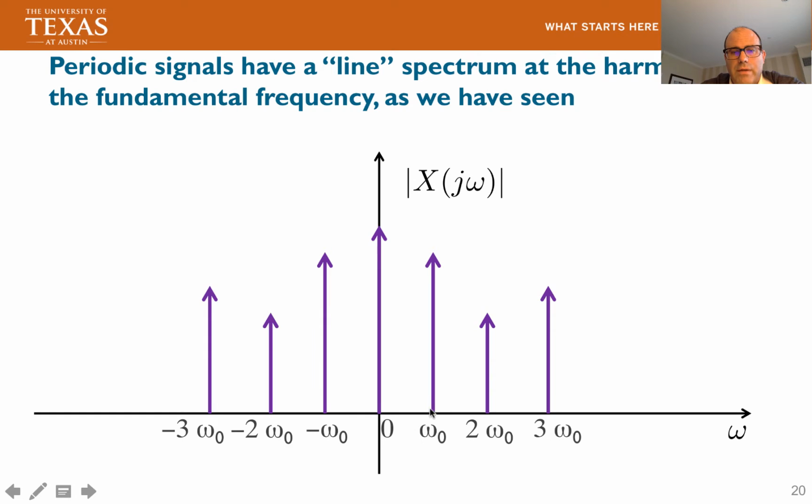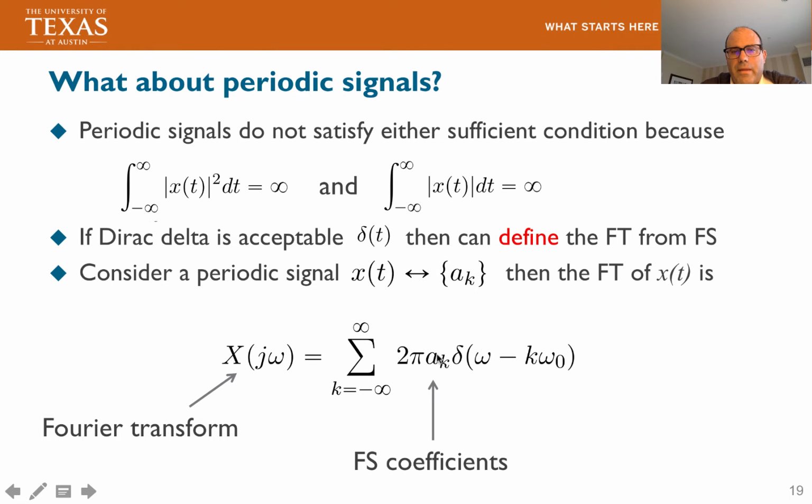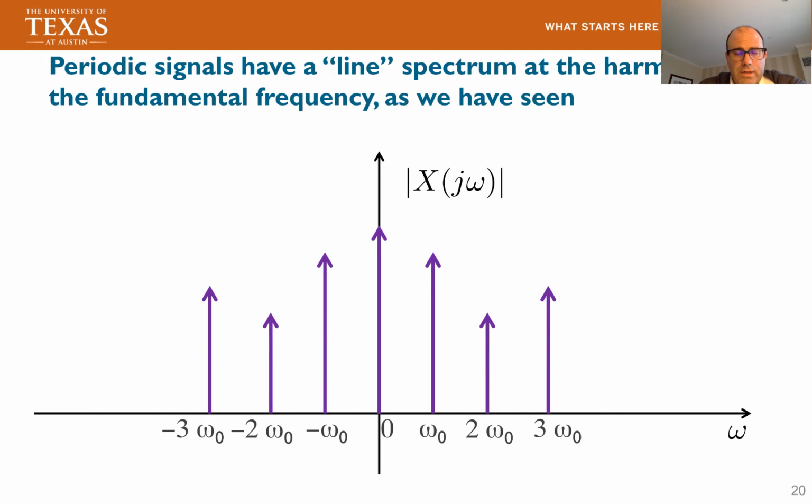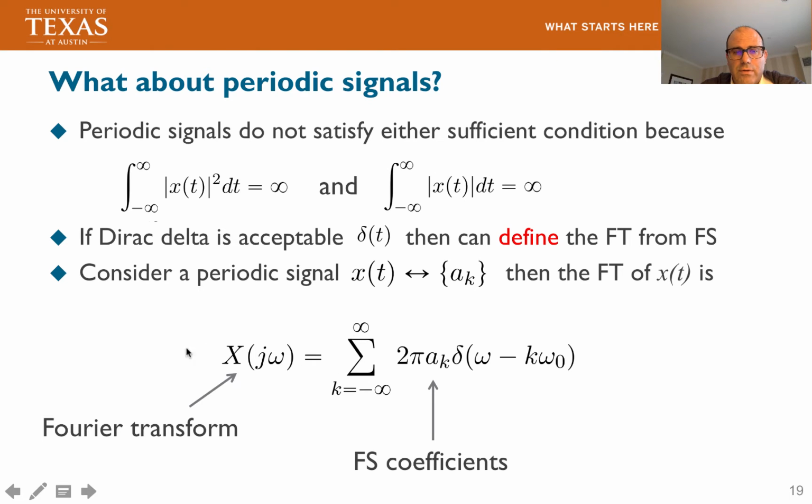So you have a delta at 0, omega naught, 2 omega naught, 3 omega naught, and so on, minus omega naught, minus 2 omega naught, minus 3, and so on. All of the harmonics have a delta, and the amplitude of the delta is exactly 2 pi times the Fourier series coefficient a of k. So if you have to find the Fourier transform of a periodic signal, you first find the Fourier series coefficients, and then you use this equation to find its transform.